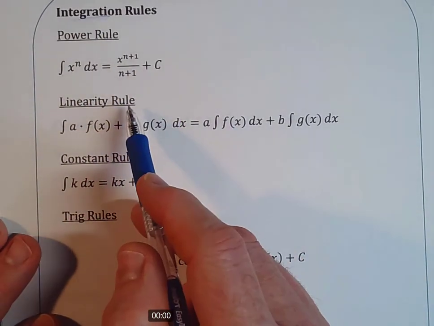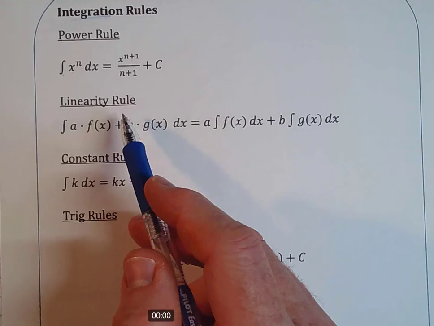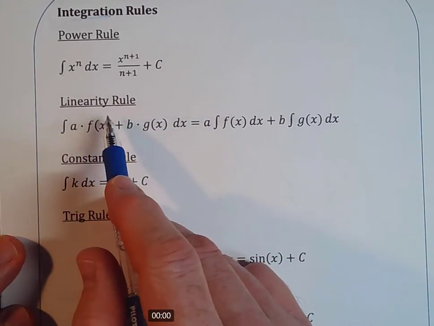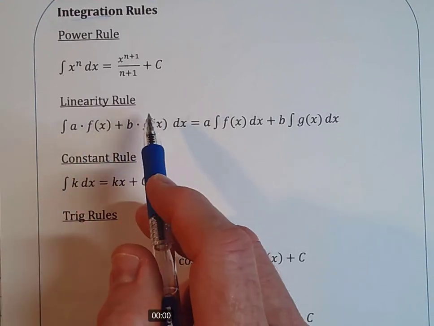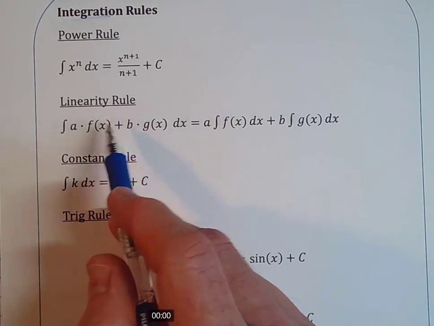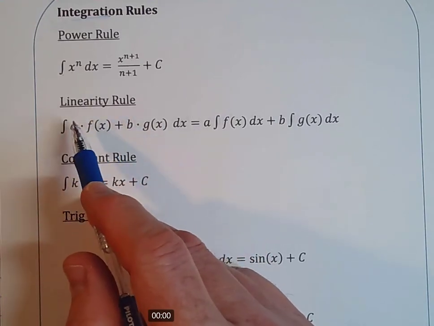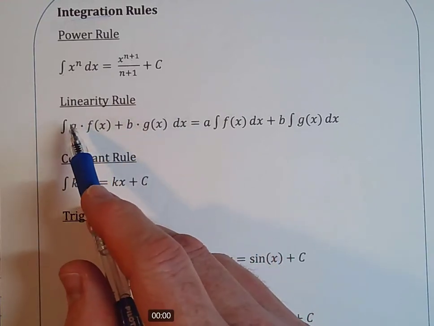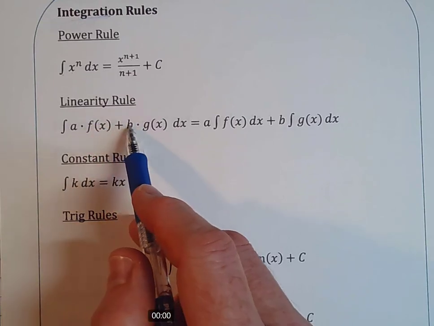The linearity rule is pretty much the same as when we saw the one with derivatives. It says that if you've got some constants being multiplied by functions, just leave the constants alone. They're not hurting anything. You're just going to carry them along and do the important part with the functions. So a times f of x plus b times g of x.